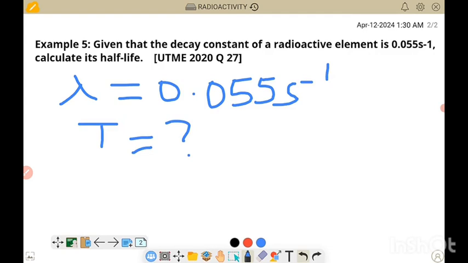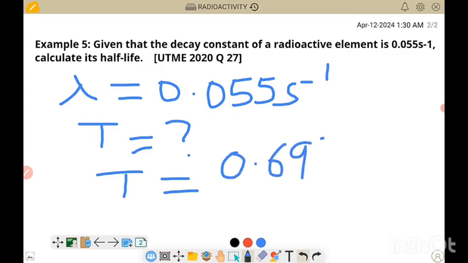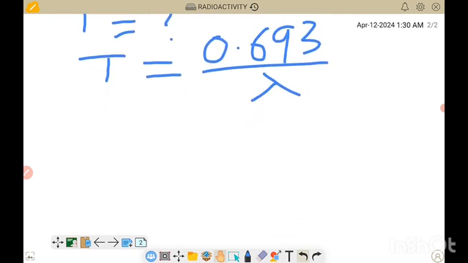Now remember, at the beginning I gave some formulas. This one is one of them: half-life equal to 0.693 over decay constant.